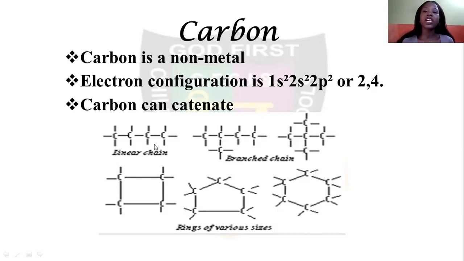Now, carbohydrates, proteins, fats, and oils, these are living matter and they are majorly composed of carbon compounds. Then in fuels, you have petrol, wood, cooking gas, they are made up of carbon compounds. So carbon is a very, very important element that constitutes the majority of the things we use at home.